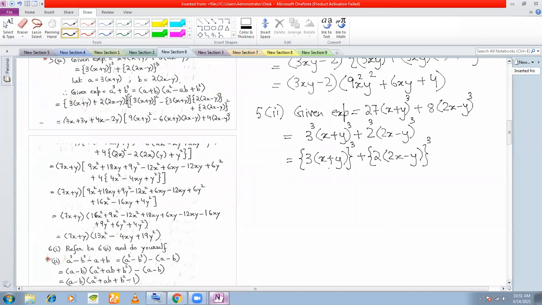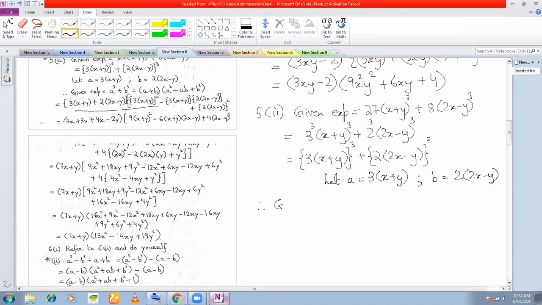That is, I have taken this entire thing as A and this entire thing as B. But if you're not comfortable with this step here, what you can do is let A is equal to thrice x plus y, and you can write B is equal to twice 2x minus y.